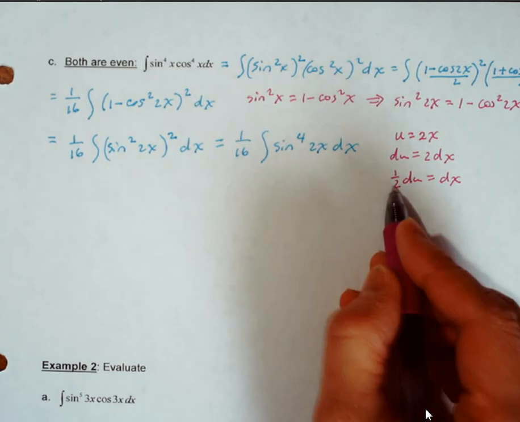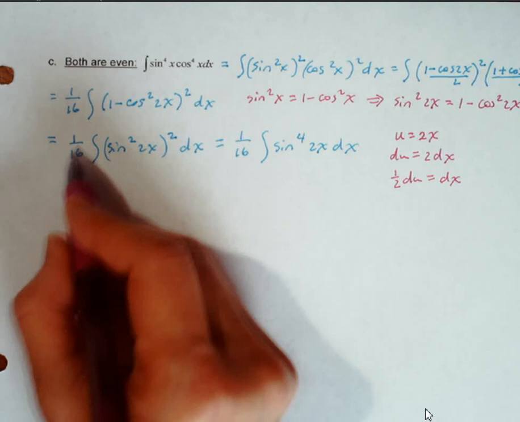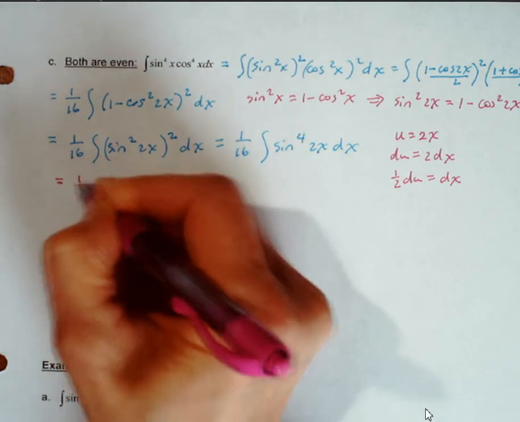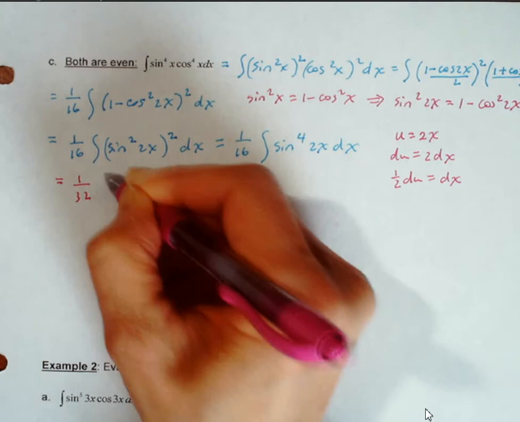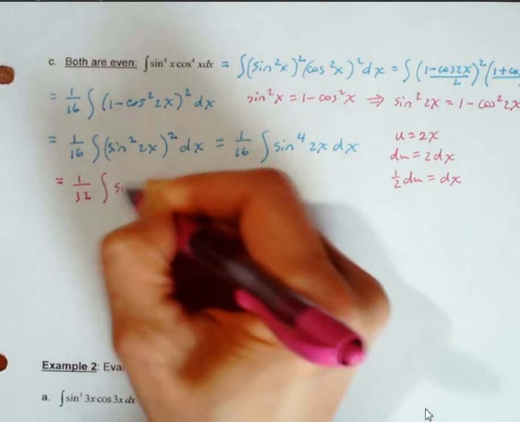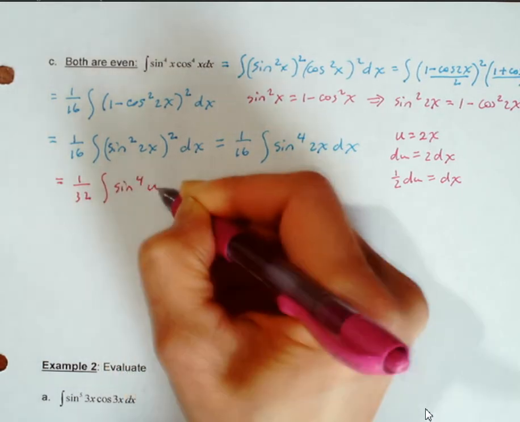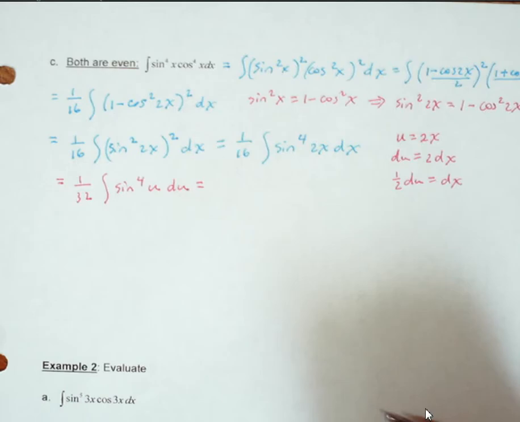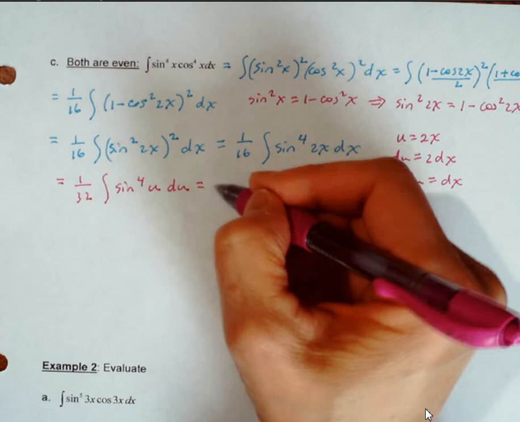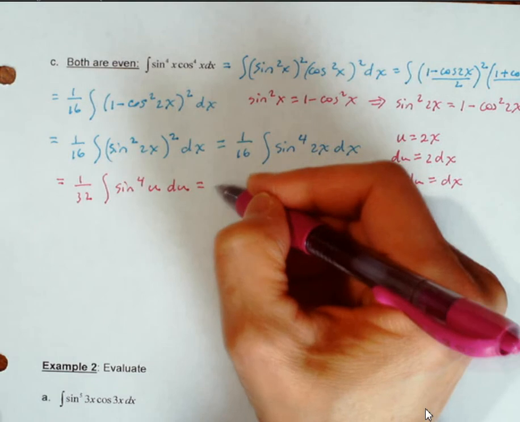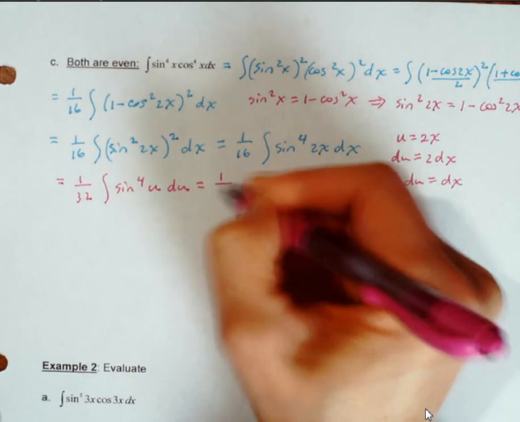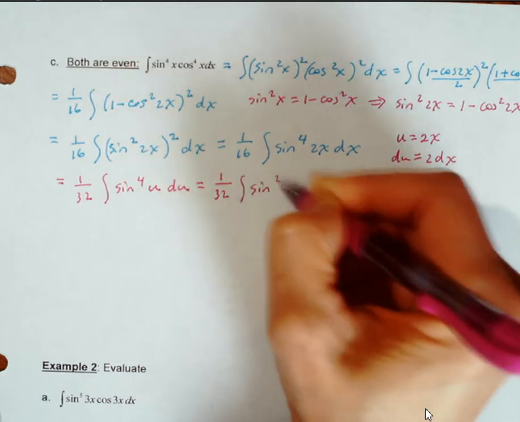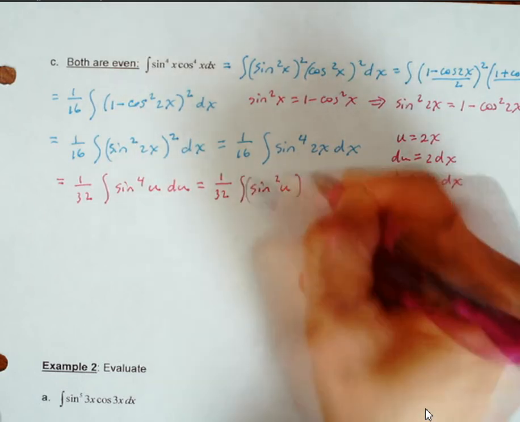I have a half from here and a 1 over 16, so what comes out in front of the integral is 1 over 32. Then I have the integral of sine to the 4th u du. Putting all that together, that's the same thing as 1 over 32 times the integral of sine squared u, squared, du.